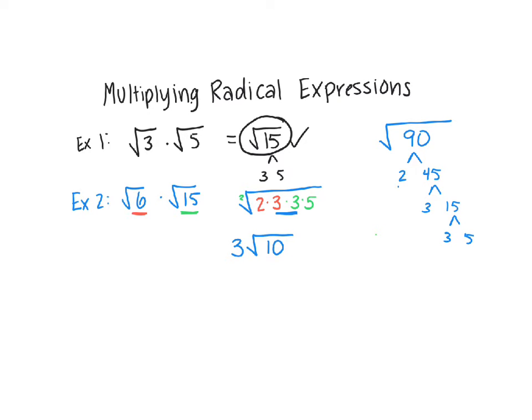And look, 2 here, 3 here, 3 here, 5 here. So again, I think it's a little quicker to go ahead and simplify it before we multiply them together, because we're going to end up with the same thing at the end, which is 3 times the square root of 10.